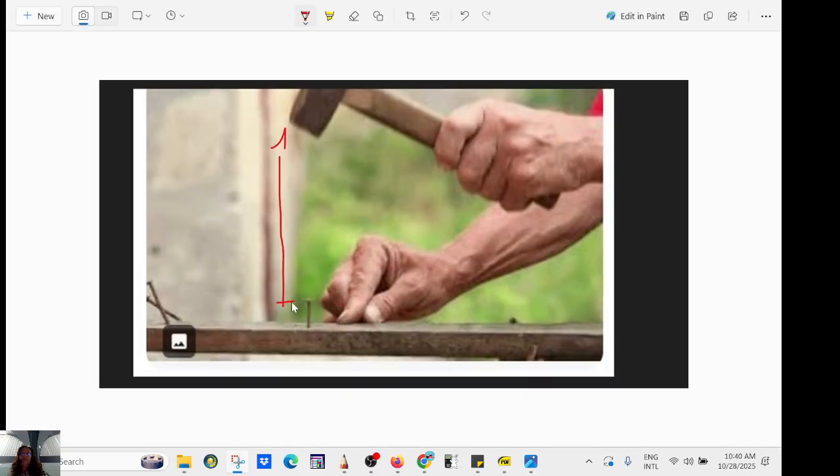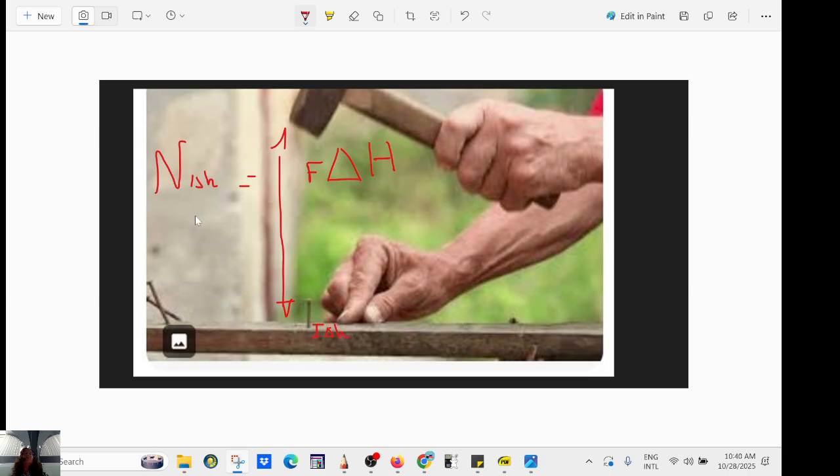So here, if you have a very large distance and you don't apply a very large force, a small force over a very large distance will be equal to a huge force over a small distance, because the nail here has some resistance, so it's not going to go a big distance here, right?